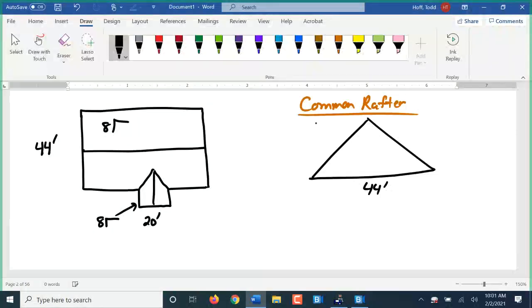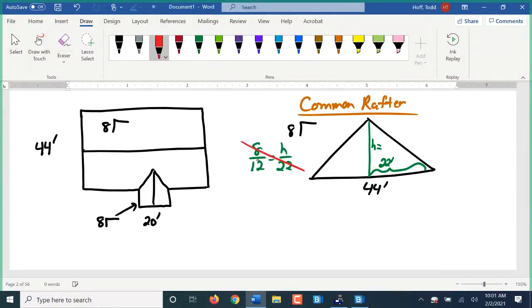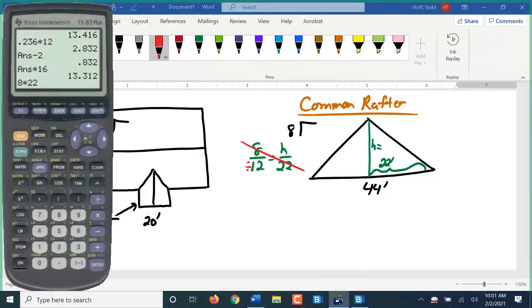44 feet and an 8/12 slope. This is my height. And of course, this is a 22-foot run. 8 over 12 equals h over 22. And we cross multiply and divide. 8 times 22 divided by 12, 14.667.